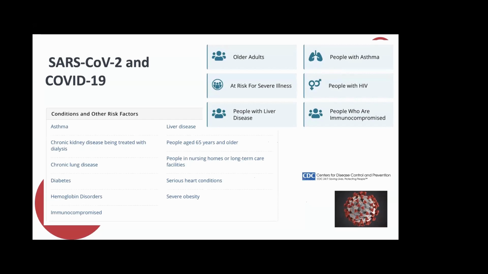And looking at the Kuwait population, we can see that patients who are older than 65 with kidney disease, diabetes, obesity, they can make a hell of severe cases in this cohort.